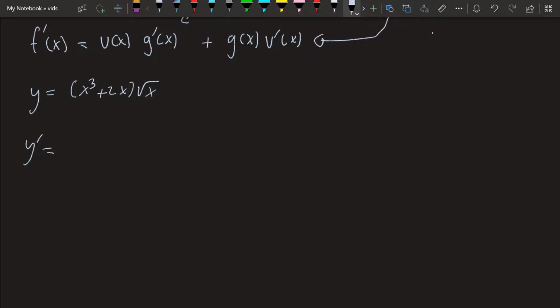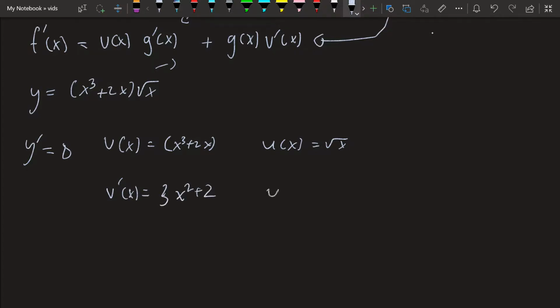Well, let's use this, and let's say that v of x is equal to x cubed plus 2x, and let's say that u of x is equal to radical x, right? v prime is equal to 3x squared plus 2, right? And u prime is equal to 1 over 2 radical x, yeah? This is just using the simple derivative rule. Taught this in the first video of derivatives. Check it out, it's on the channel.